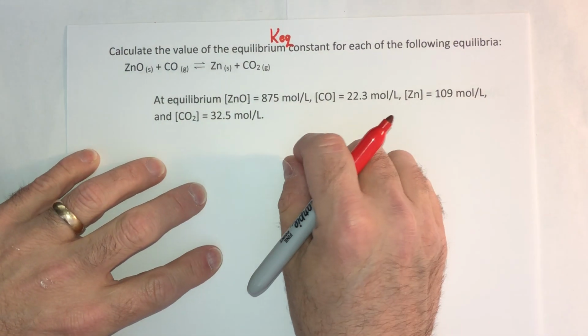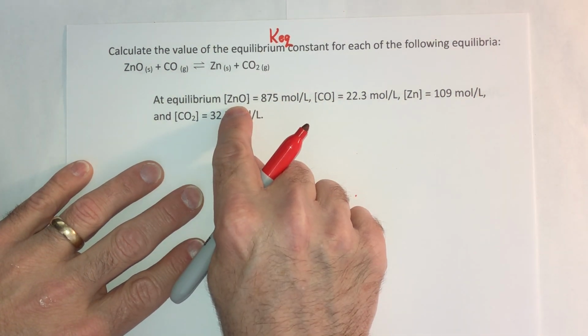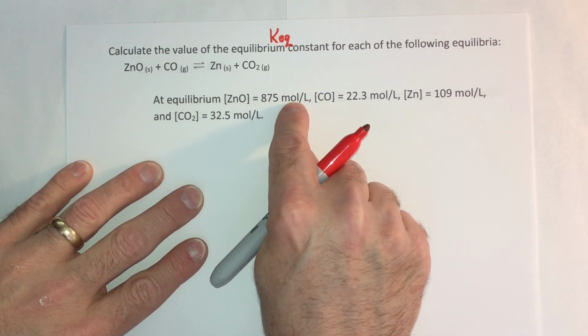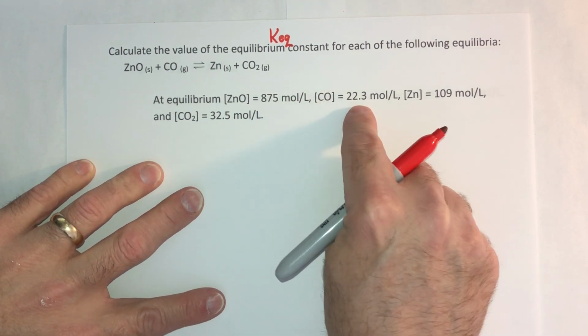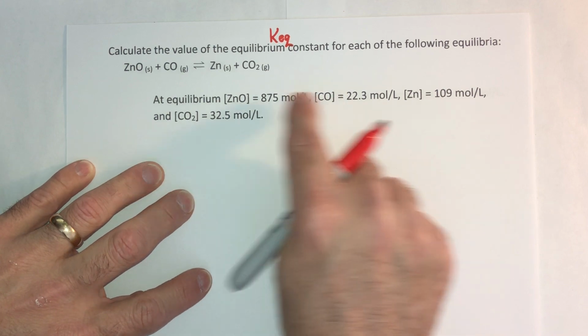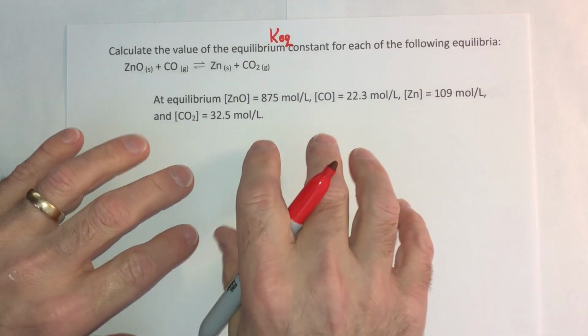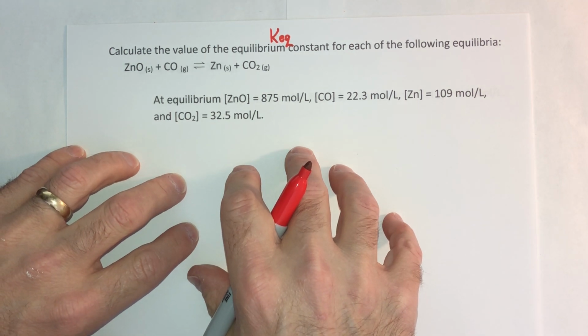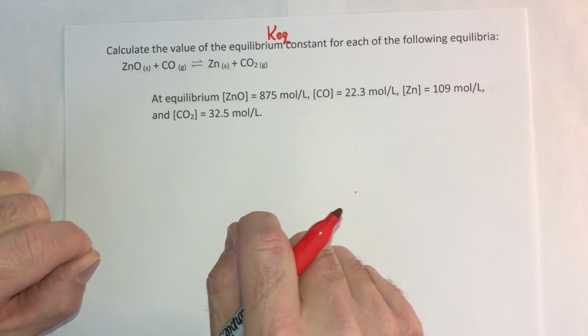Now, for this one, I have given you some concentrations. I've told you the concentration of zinc oxide, 875 moles per liter, and the concentration of carbon monoxide, 22.3 moles per liter. So I have given you the concentration of everything. Now, for an equilibrium problem, the very first step is always write the equilibrium expression.